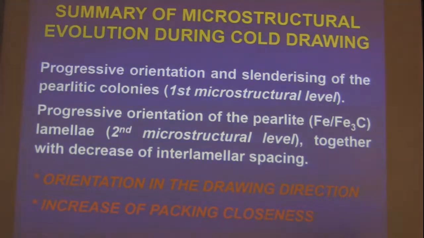This is a hierarchically structured material, like music by Johann Sebastian Bach. In the Christmas Oratorio, you have the main structure in 6 cantatas, and any cantata has its own structure of choruses and so on. Orientation in the drawing direction and increase of packing closeness.